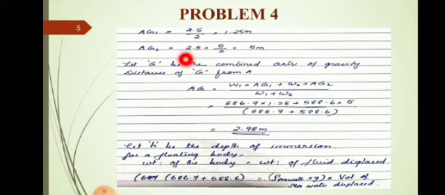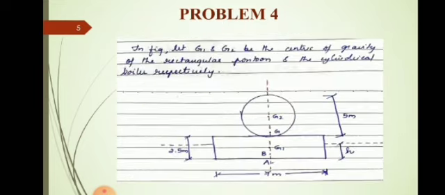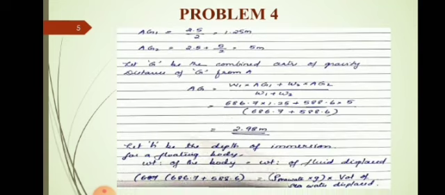Now these two are the distances of the individual centers of gravity from the base. Now you have to find out the combined center of gravity. Let G be the combined center of gravity. So how will the equation come? AG is the distance of G from the base of the body. AG is equal to W1 AG1 plus W2 AG2 by W1 plus W2.